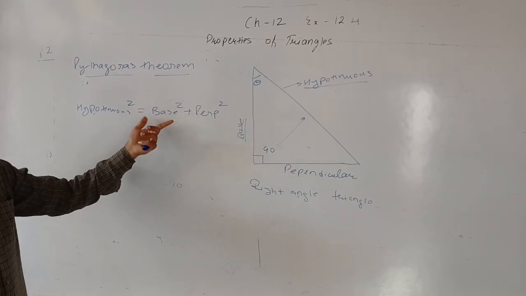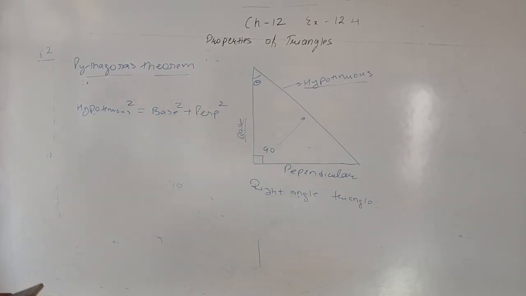So base squared plus perpendicular squared is equal to hypotenuse squared. This is the Pythagoras theorem.